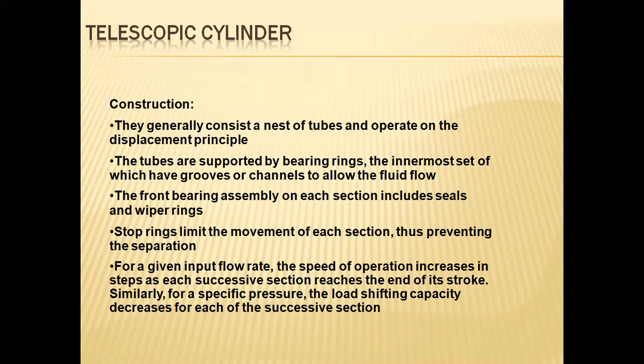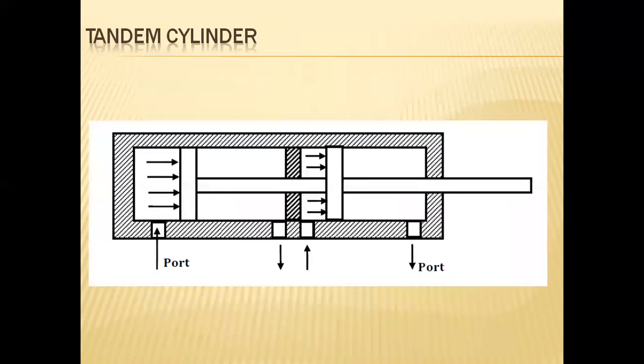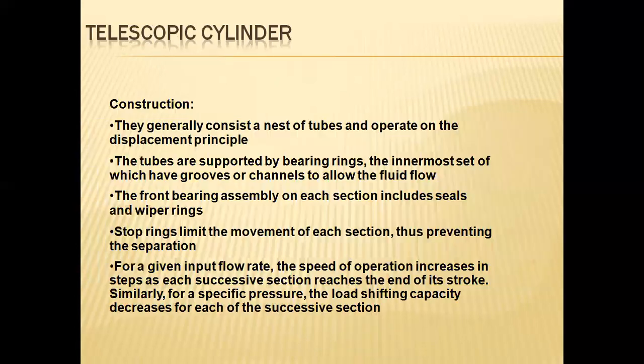Coming to the telescopic cylinder, it has multi-level ports connected from one dynamic region to another, the output of one cylinder and piston arrangement to the input of another. One output is connected directly to the second cylinder input, and vice versa.